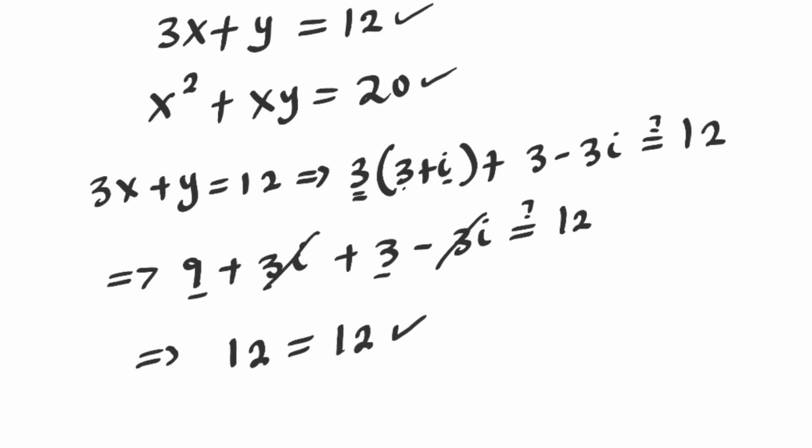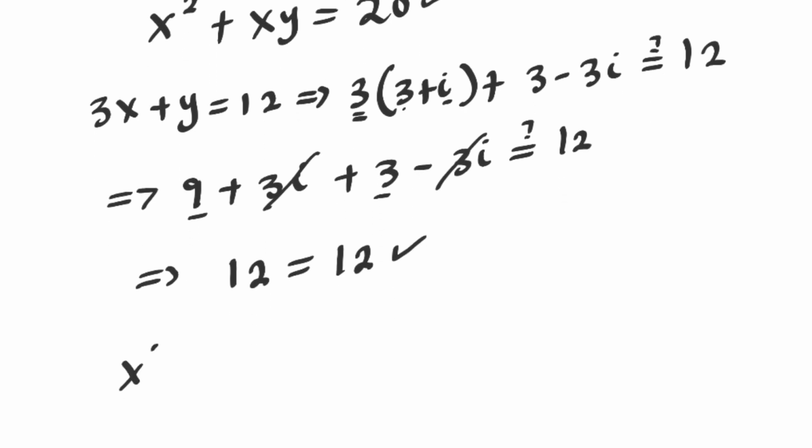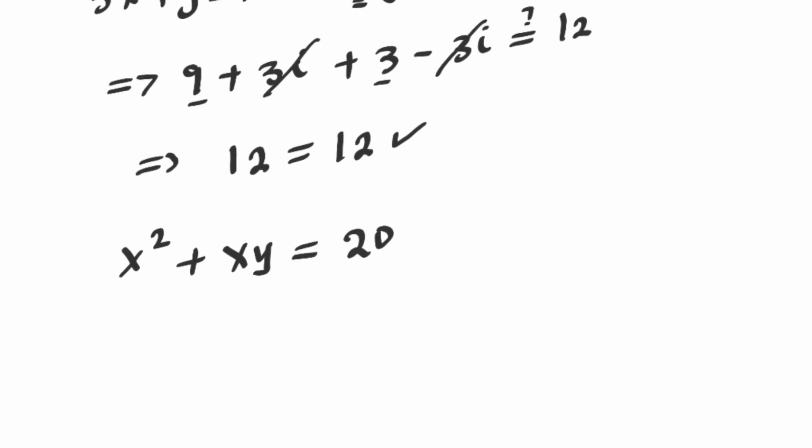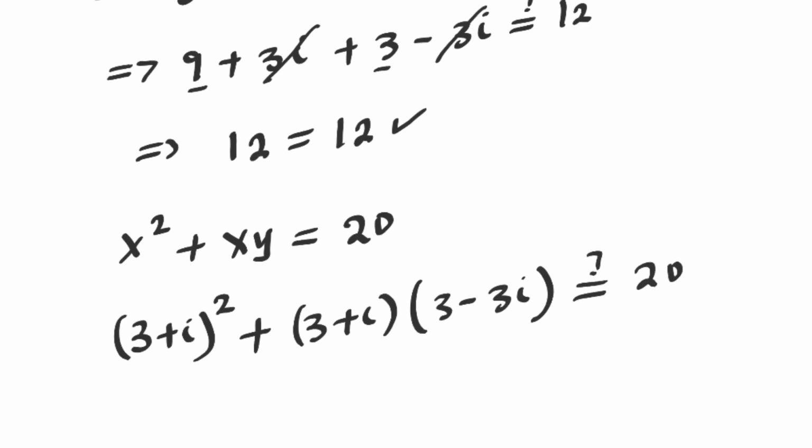Now let us consider this. x squared plus xy is equal to 20. Now this will be 3 plus i all squared plus 3 plus i multiplied by 3 minus 3i must be equal to 20.